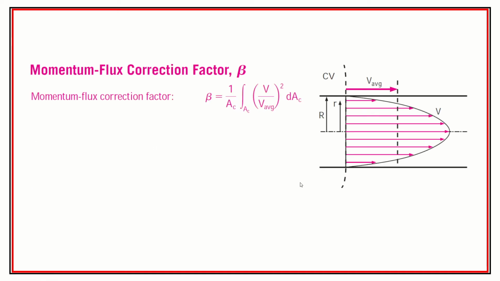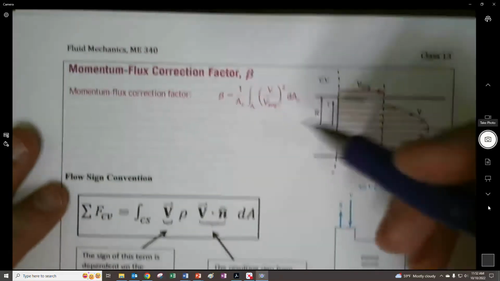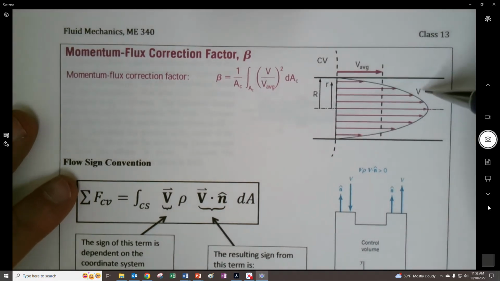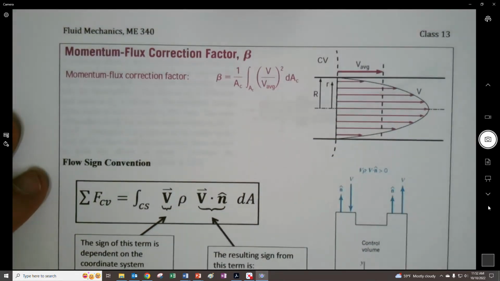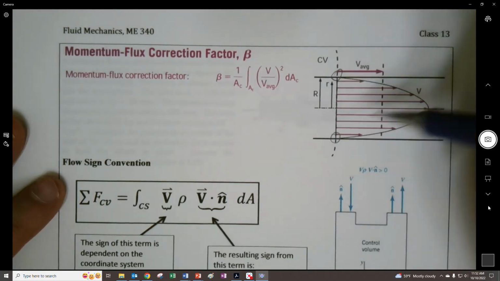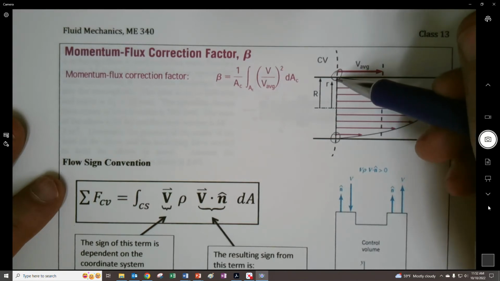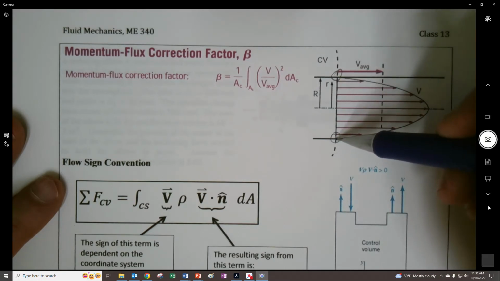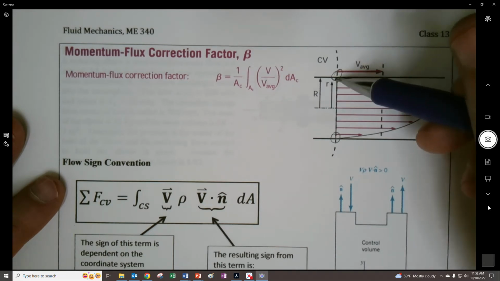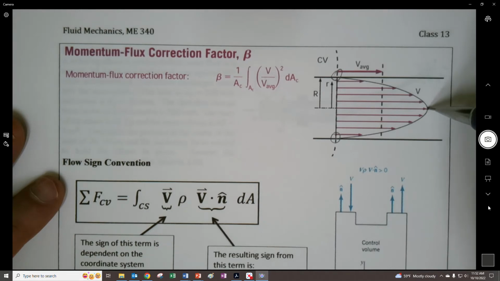Okay, so one thing that Cengel adds in here that I don't see in many other books is something called a momentum flux correction factor. That's really just the idea that the velocity profile is not uniform across the control surfaces. In fact, that's in part because of the no-slip condition due to viscosity: the little chunks just adjacent to the boundaries will have no velocity, and then they'll have maybe maximum velocity in the center.